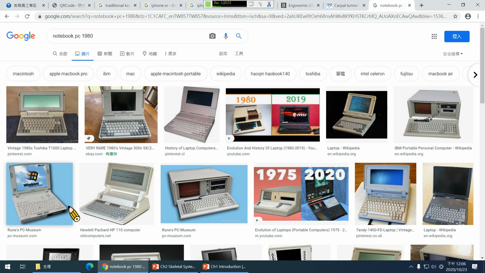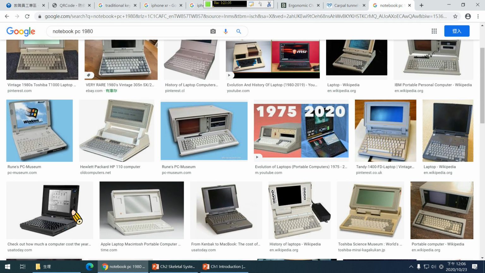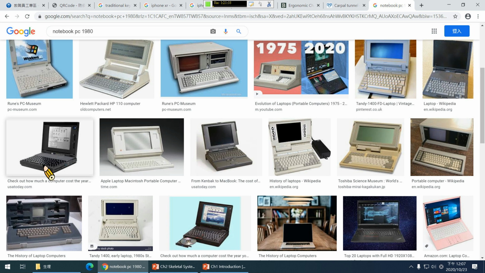The keyboard is at the bottom, leaving the space up here. So when you are typing, your wrist actually cuts through the edge of the keyboard. And then later on, they discovered this. So they moved the entire keyboard up, leaving the space down. If you look at the earlier keyboard, it's always like that, right? The keyboard space is up there, and there's no use here. And then later on, they changed.